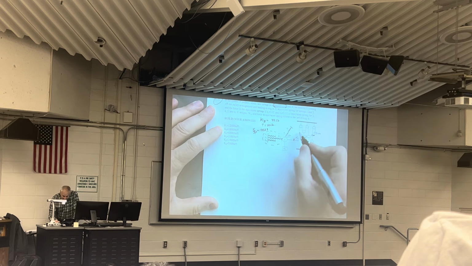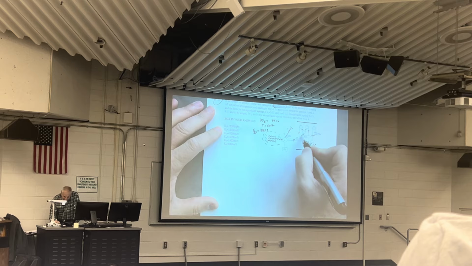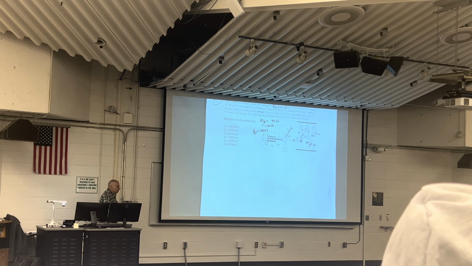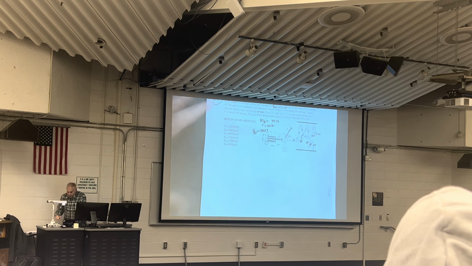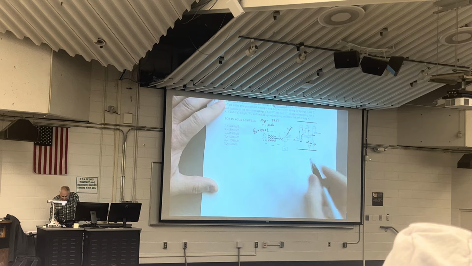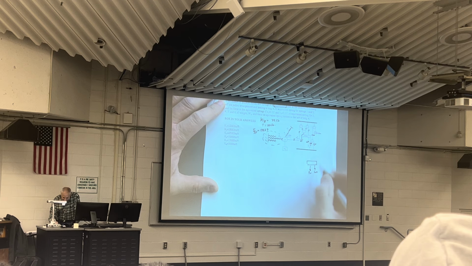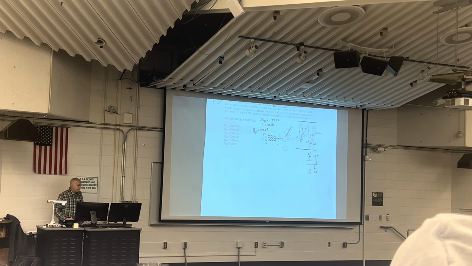If I call this T, that's T, that's T, that's T, that's T, that's 2T. So far, so good? All right, let's isolate that 90 pounds. Free body diagram on that 90 pounds is I have a 90, I have a 60, I have a T, and I have a 2T. There's the free body diagram.